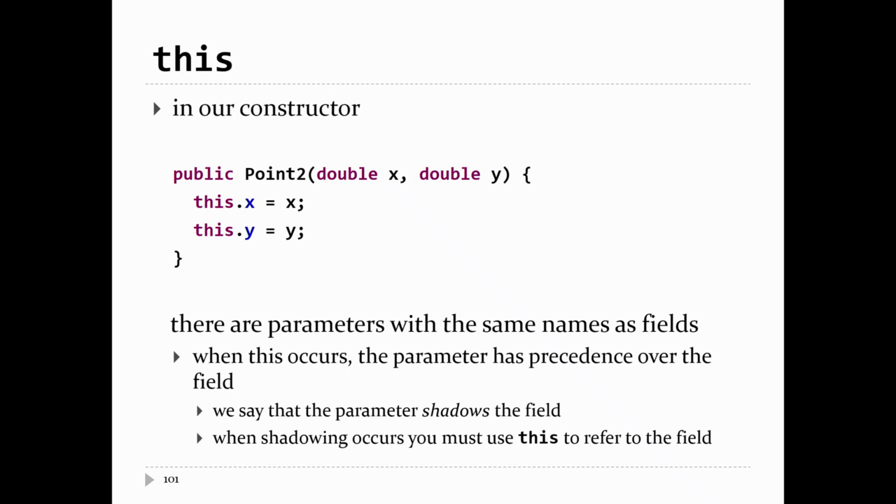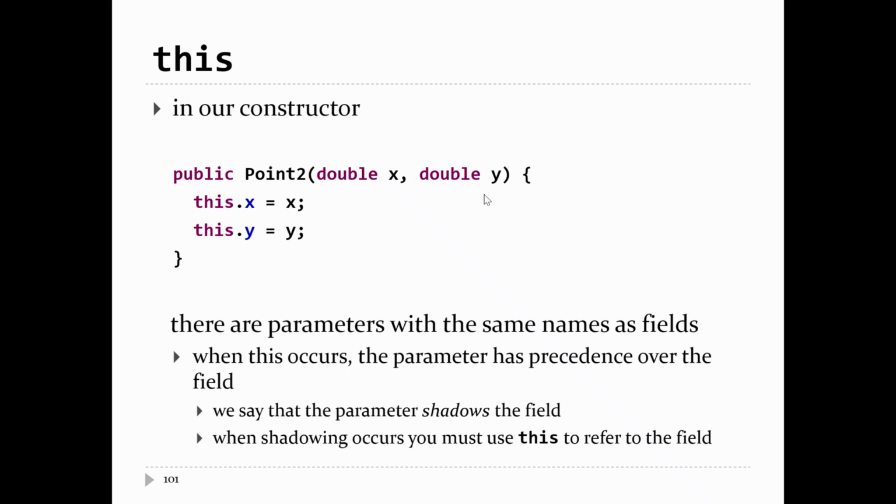So in the constructor, we've chosen names for the parameters that match the names of the fields. In the Java language specification, it says that the parameters shadow the fields. In other words, the parameters have precedence over the field names. If this occurs, you have to use this to refer to the fields. Now, you might say, well, why did you choose x and y?